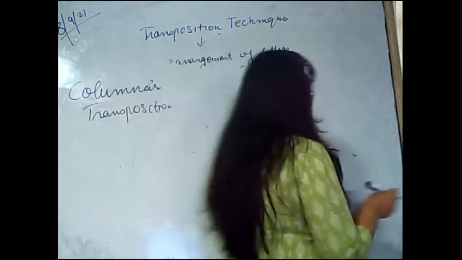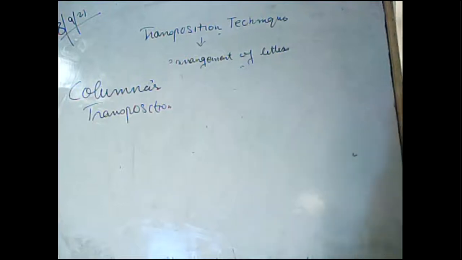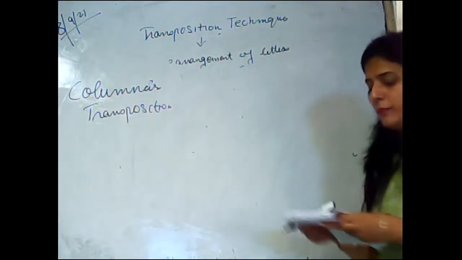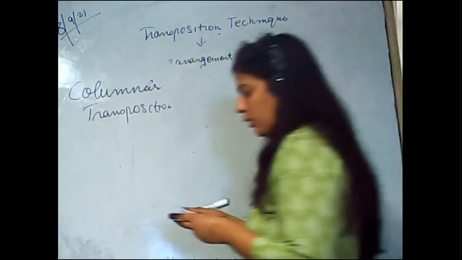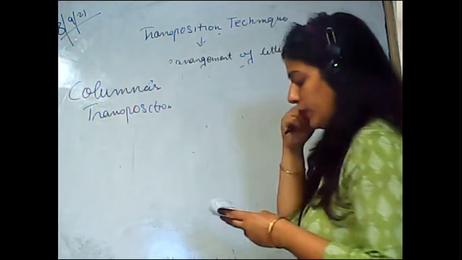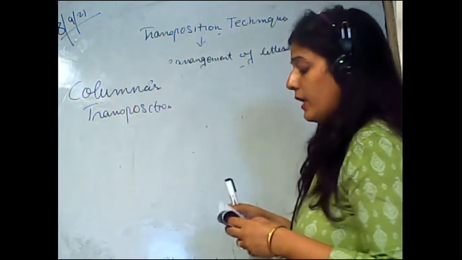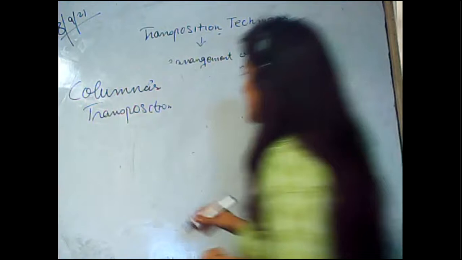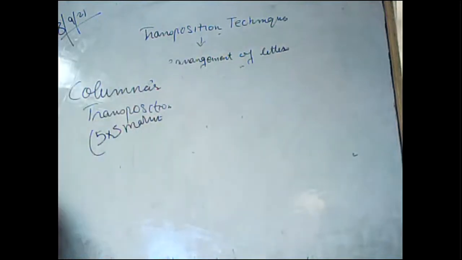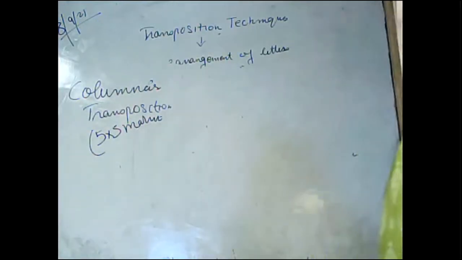For the columnar method, the rule is that we require a table. Preferably we use a 5 by 5 matrix table here.